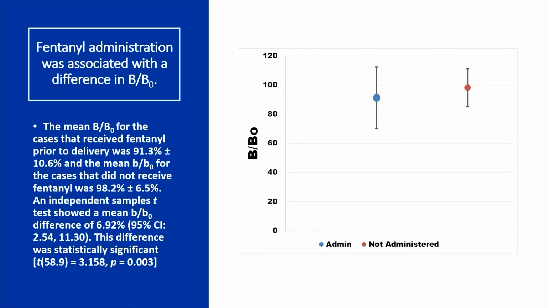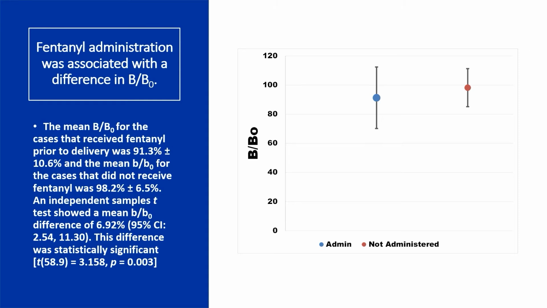With the exception of the positive specimen that we previously reviewed, we did not observe any reportable fentanyl or norfentanyl in any of the other specimens. However, when we analyzed the immunoassay results, we did see some differences. Specifically, for cases that received fentanyl prior to delivery, we had an observed B over B0 of 91.3%.